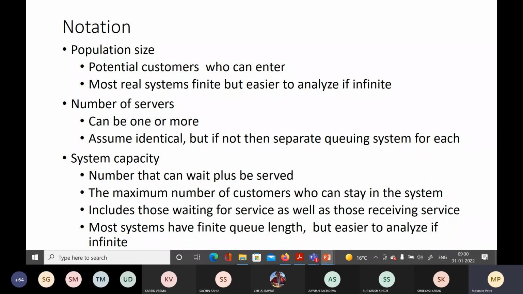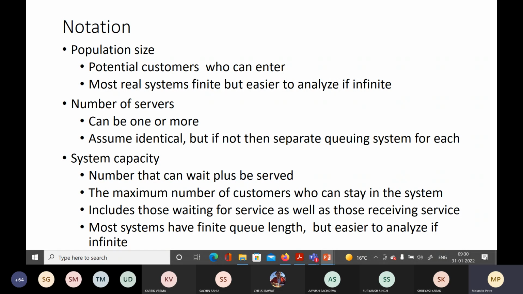Then comes the system capacity. In layman's terms, system capacity means how much your system can actually hold, that is, the number of jobs, or people, or packets, whatever you are considering. It is the number of jobs that can wait in the queue plus the one that is getting served, assuming there is only one server.